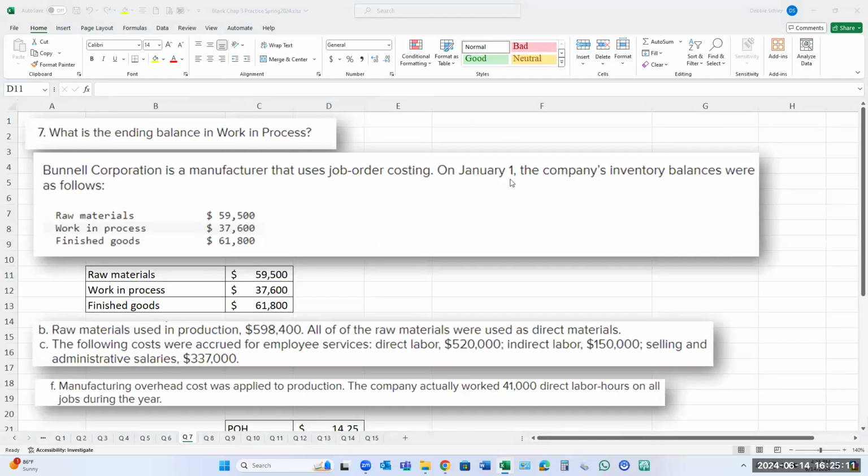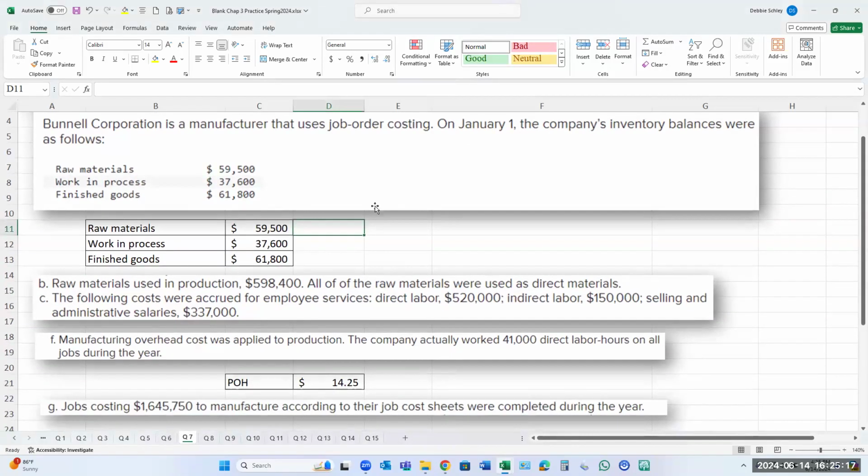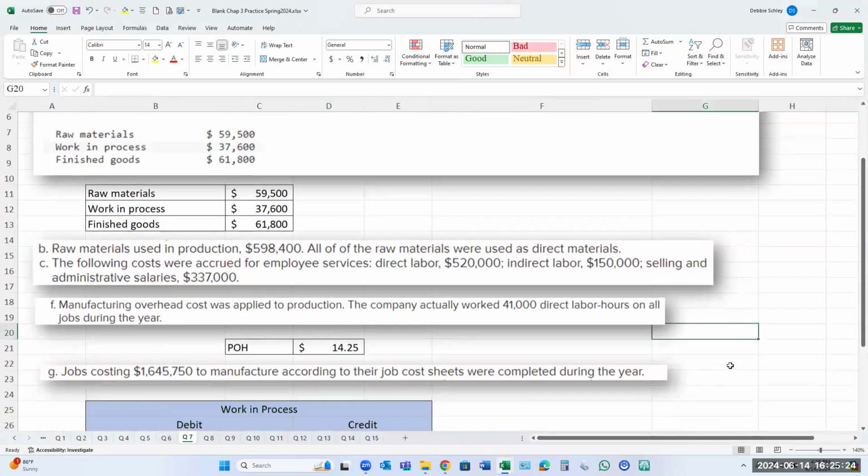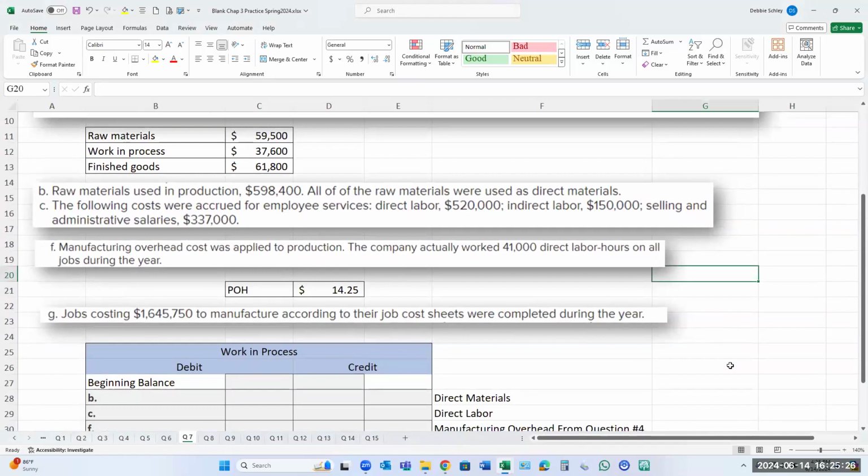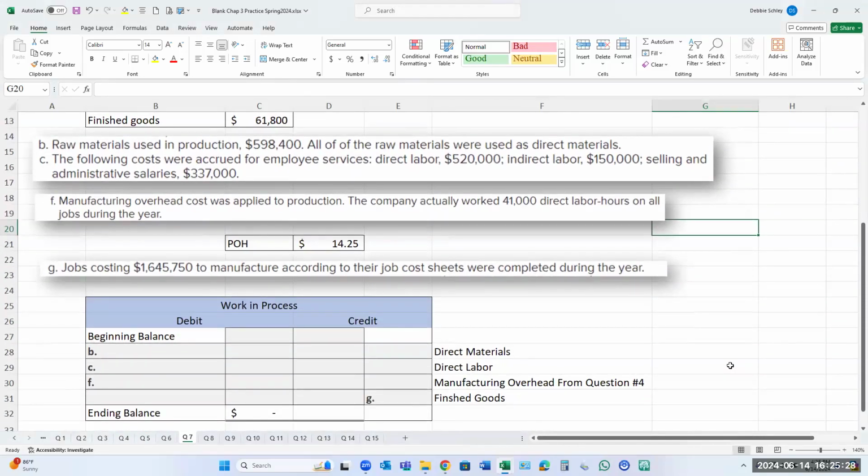Question 7. What is the ending balance in work in process? Okay, so again, they gave us beginning balances for everything, so that's going to be important. So work in process, again, 3 things go into work in process: direct materials, direct labor, and manufacturing overhead.